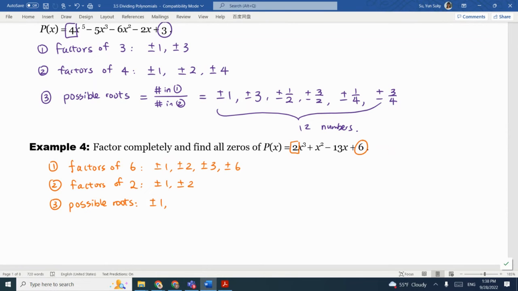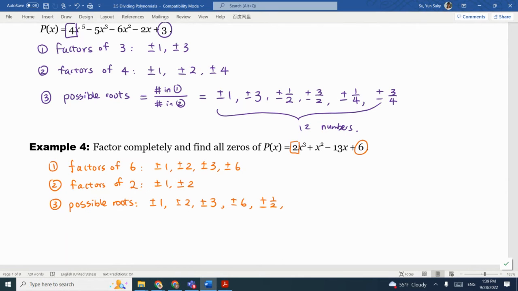So let's write these down: plus or minus 2, plus or minus 3, plus or minus 6. Then plus or minus 1 divided by plus or minus 2 is plus or minus 1/2. How about 2 over 2? That's 1. Do we need to put plus or minus 1 here again? No, we already have it in the list.